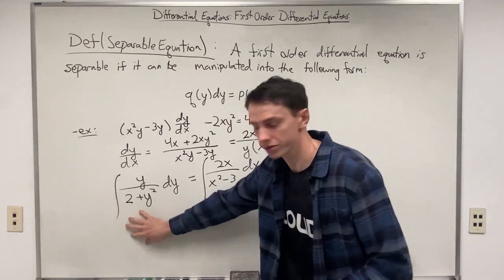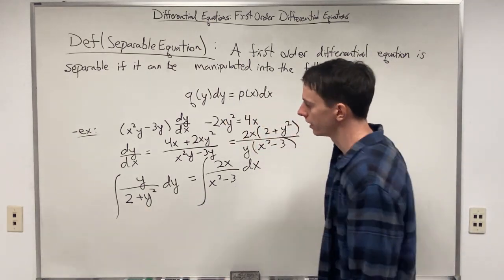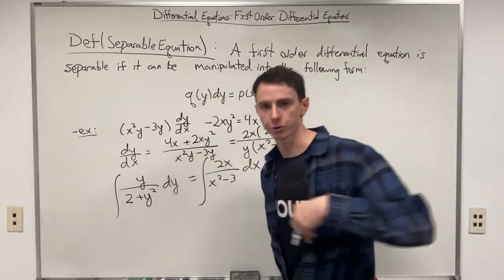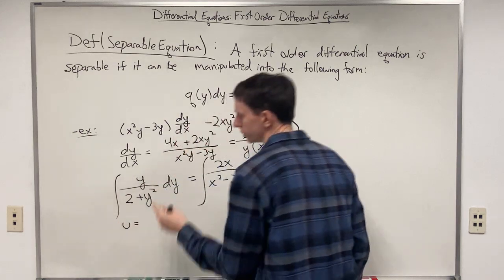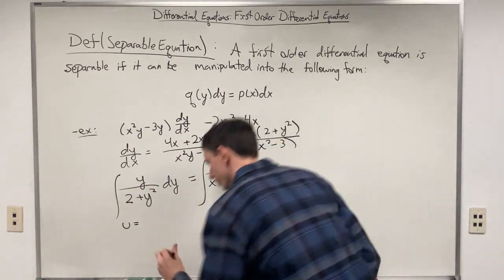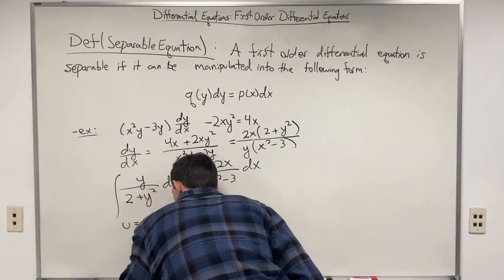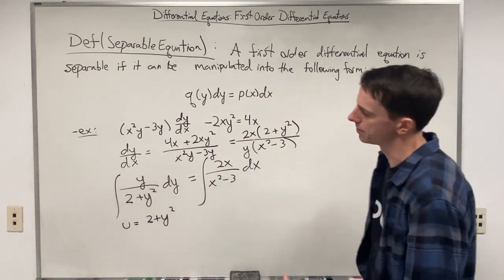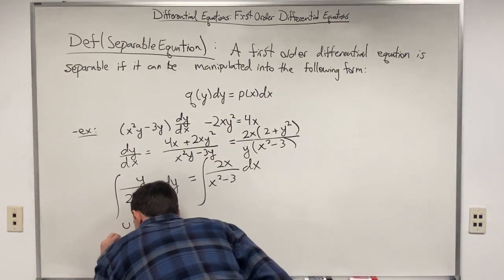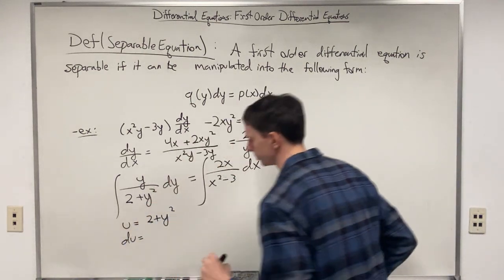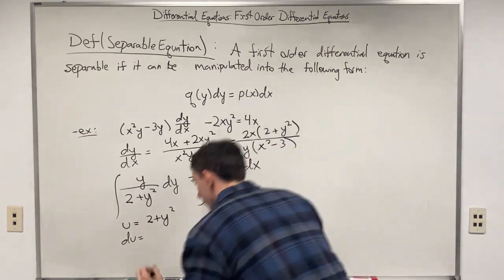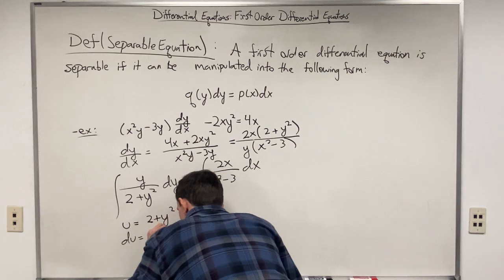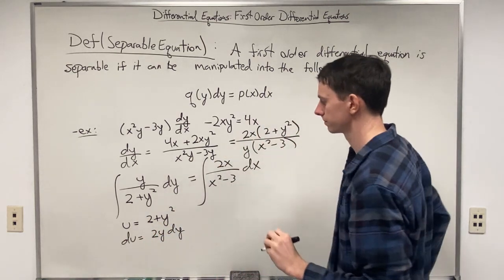Maybe I'll start with the left integral over here. If I'm going to perform a u substitution, I can set u to be the denominator right here. So I'm going to set u to be 2 plus y squared. And then that means the differential du is just going to be 2y dy, like this.